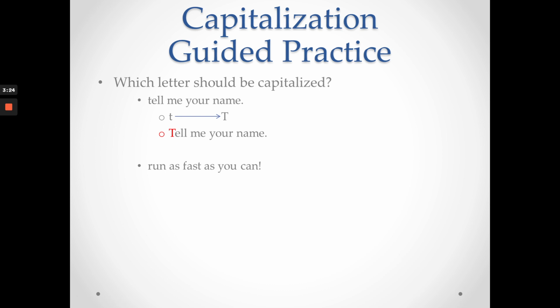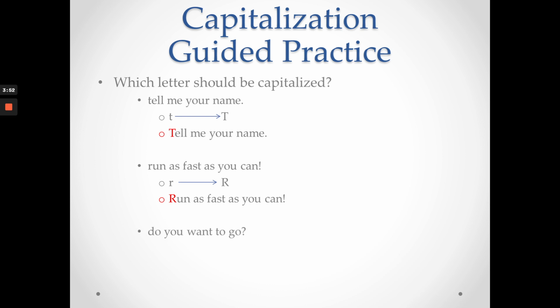How about this sentence? Run as fast as you can. What letter needs to be capitalized in this sentence? The letter R, yes. And so when we rewrite the sentence, it will look like this with our capital R at the beginning of the sentence. Let's look at one more example.